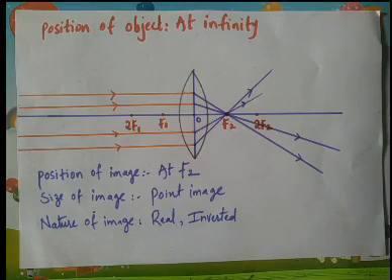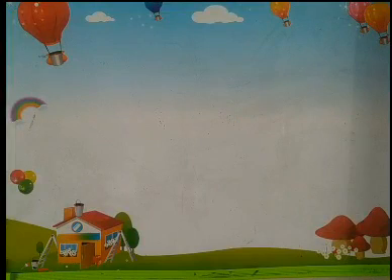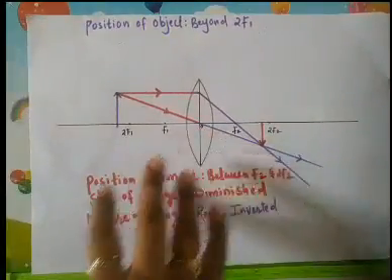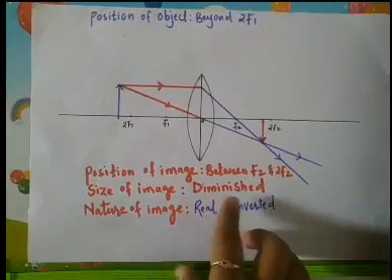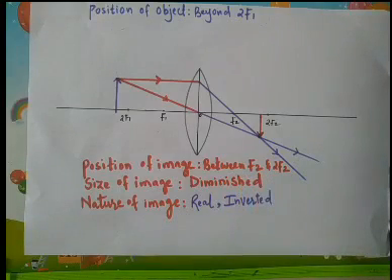Okay. So we have seen a total of 6 cases of the convex lens. First, we have understood how to draw the convex lens. Then the first case which we have done is when the object is kept beyond 2f1, the image was forming between f2 and 2f2.